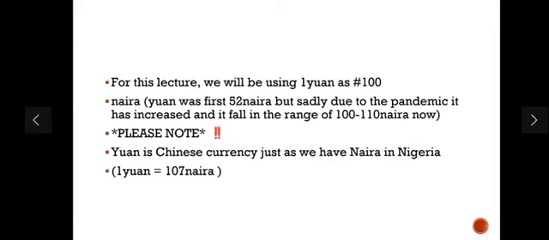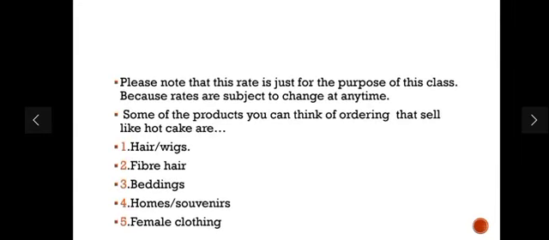We pray that it goes down so that you can easily buy things from the site. So for this lecture only, as an example, yuan is 100 naira. Please note that this rate is just for the purpose of this class, because rates are subject to change at any time.